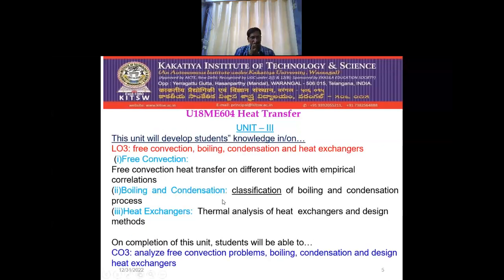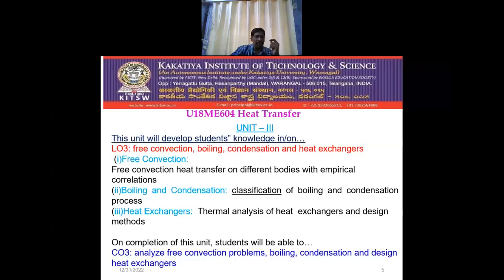Now coming to the third unit. In the third unit, you are going to discuss free convection, boiling and condensation, and heat exchangers. Once you complete this course, you will be able to analyze and solve free convection problems, problems corresponding to boiling and condensation, as well as design a heat exchanger.